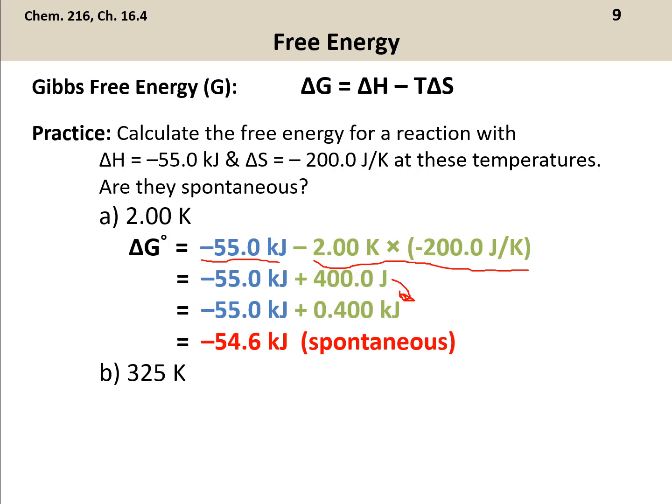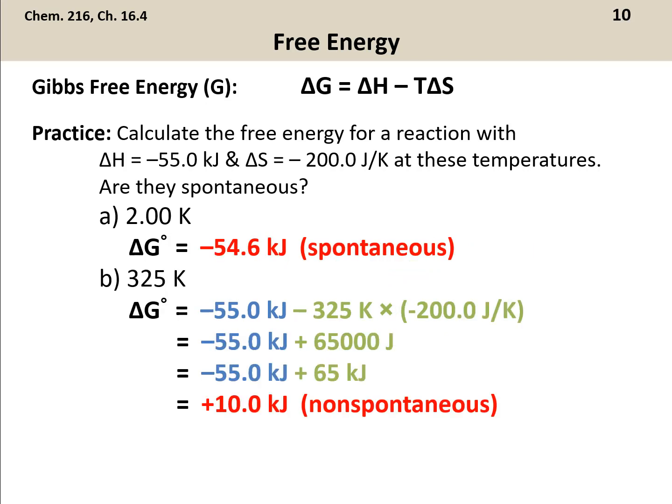And I got a negative value. I did the same thing at 325, and I got a positive value. Okay, so sometimes I can do the same reaction, but at one temperature it's going to occur, be spontaneous, at the other it won't. That's the same thing with this water here freezing, right? That's going to occur at one temperature, but it's not at another.